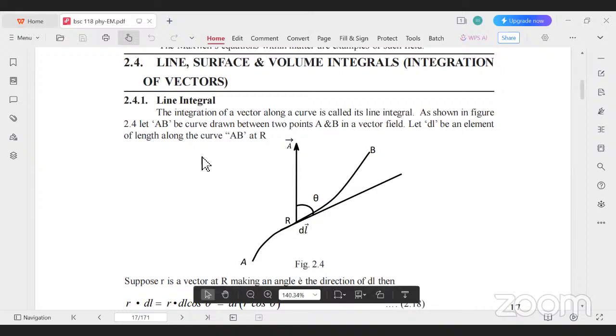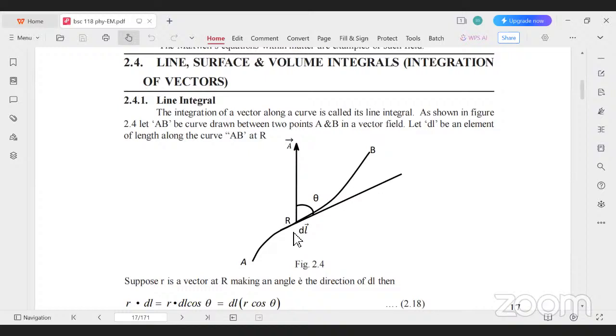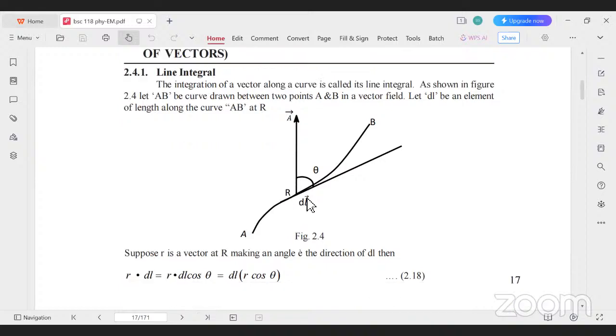As shown in the figure, let AB be the curve drawn between two points A and B in a vector field. Let dl be an element of length along the curve AB, and at dl suppose R is a vector making an angle theta with the direction of dl. Then what can we write?